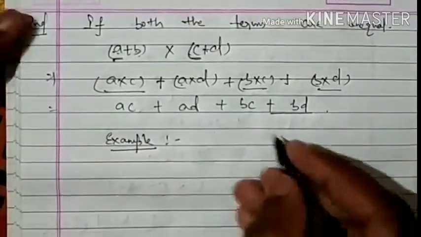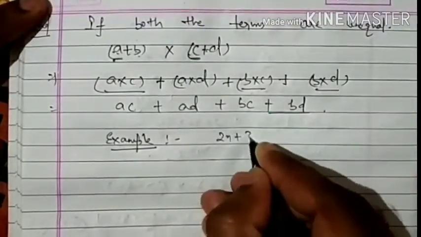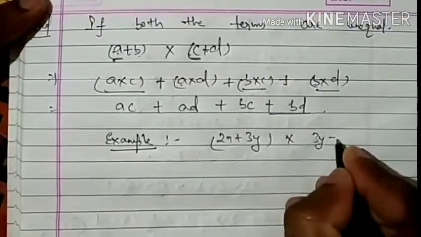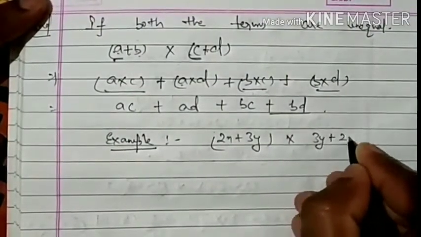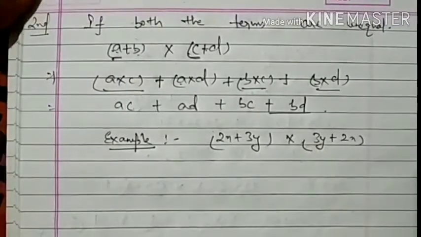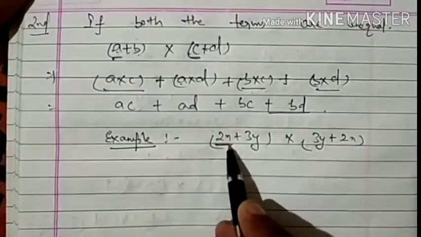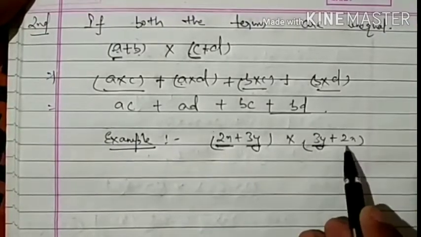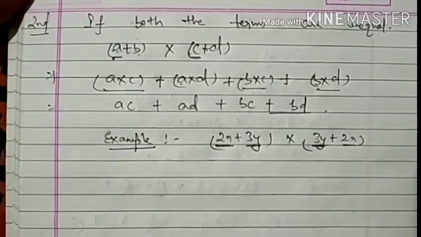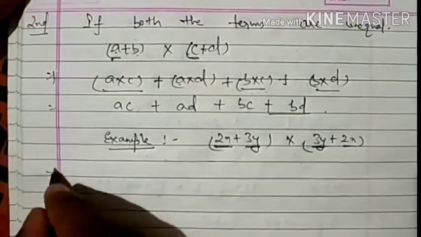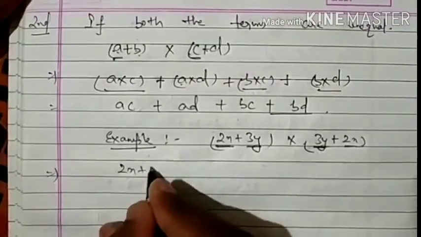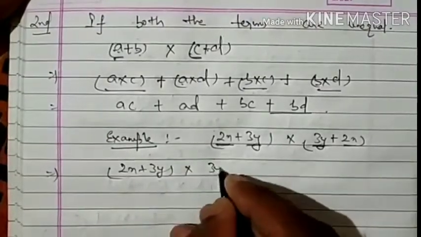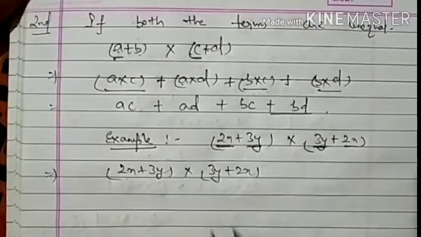Example: suppose you have to multiply 2x plus 3y multiplied by 3y plus 2x. This is a, 2x; this is b, 3y; this is c, 3y; and this is d, 2x. All are different terms. So we multiply 2x plus 3y multiplied by 3y plus 2x.